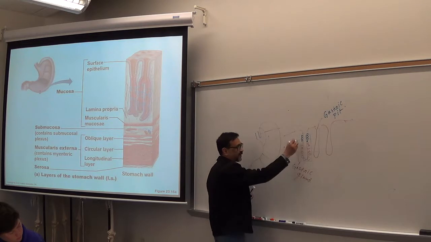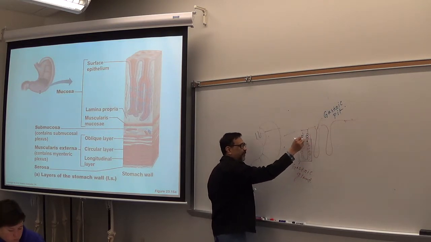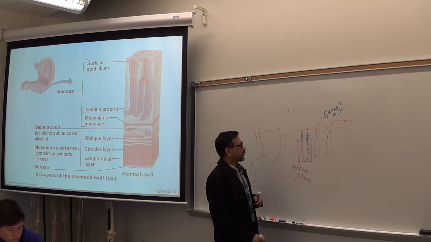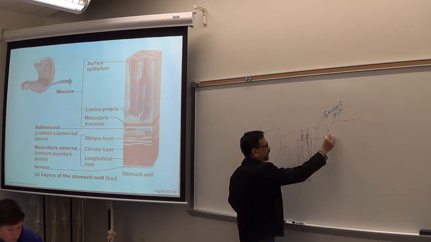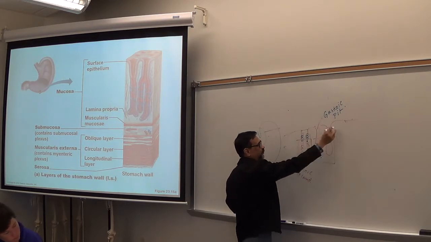So gastric gland is this part. Gastric pit is this top part. This is gland, this is pit.